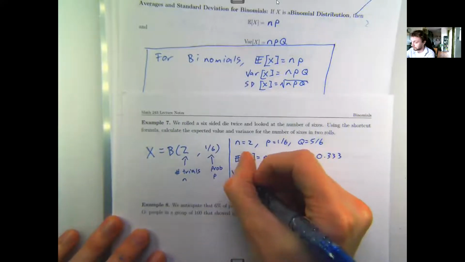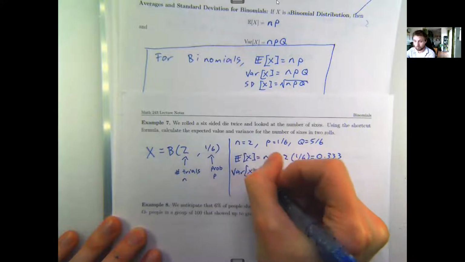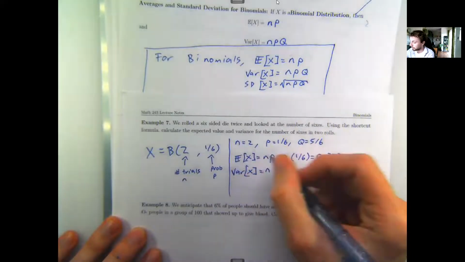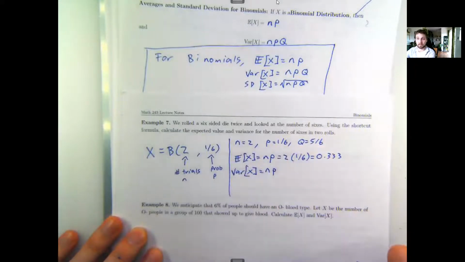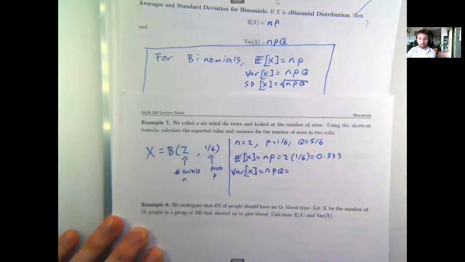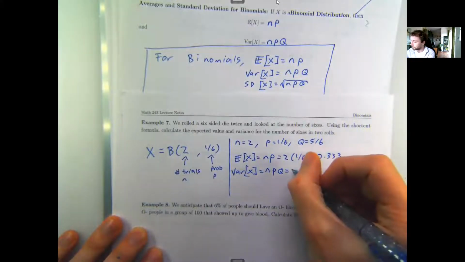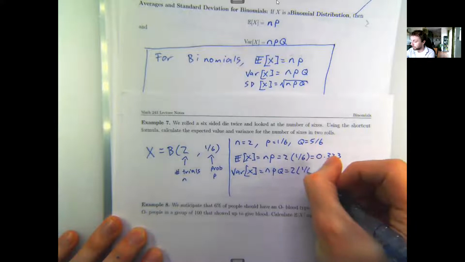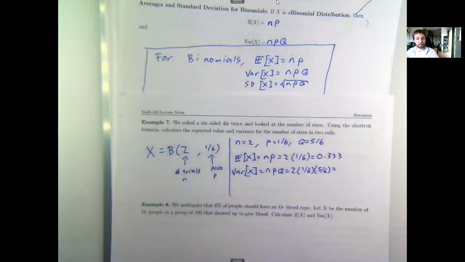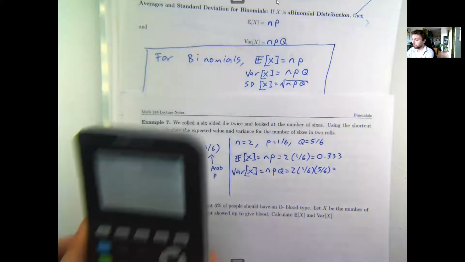If I want the variance, the shortcut formula says take n, number of trials, p, my success rate, and q, my failure rate, and multiply them together. So I have 2 times 1/6 times 5/6. I'm going to type that into a calculator and see what I get.